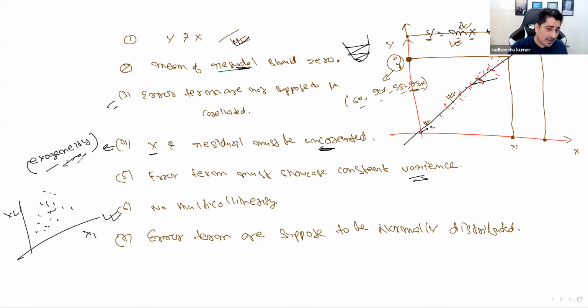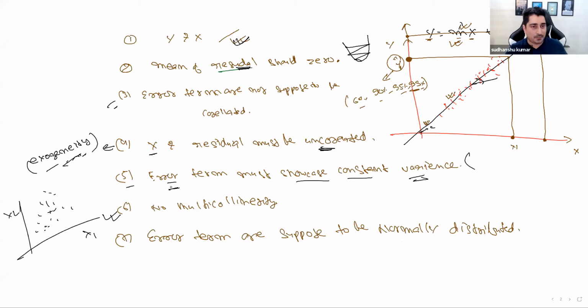So the error term must have a constant variance. Here I have mentioned the error term must showcase constant variance, which yes, my error terms are showing: delta E, delta E of M, delta E of C are showing me that variance, and that particular variance again has a specific name.